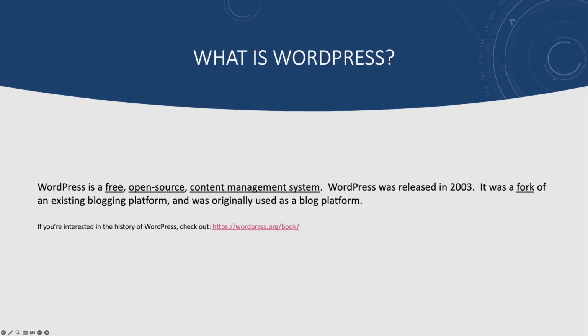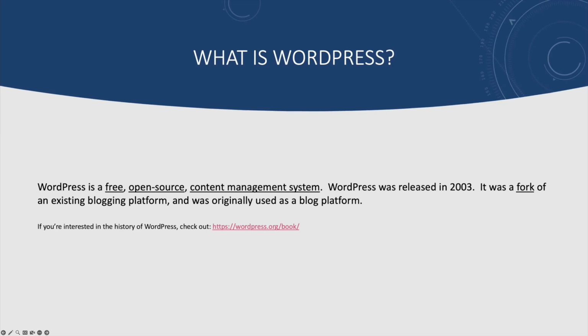But when I say it was a fork, what that means is there was an existing pile of code that was already a blogging platform, and the founders of WordPress took that code and used it as the base for building something else on top of it. So that's what we mean when we say fork, and you'll hear that word sometimes in other contexts around WordPress.